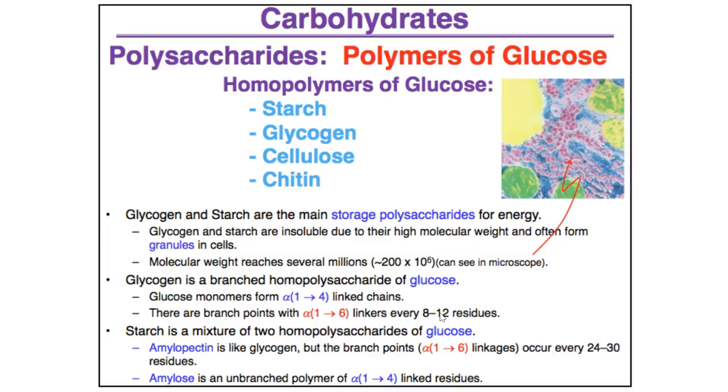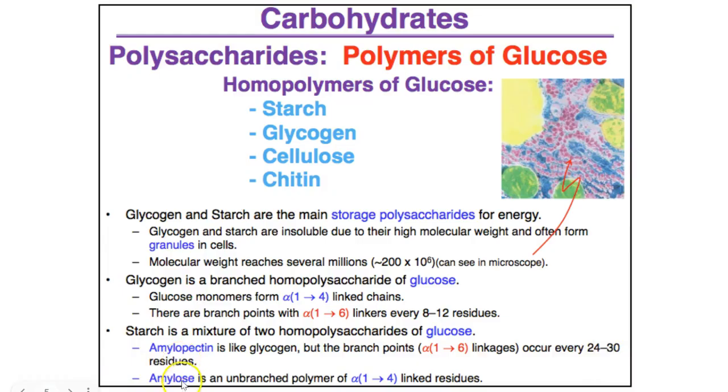And then as far as starch, it is a mixture of two homopolysaccharides of glucose. You have amylopectin, which is like glycogen, but the glycosidic bond from the anomeric carbon to the sixth carbon of the glucose monomer occurs every 24 to 30 residues.